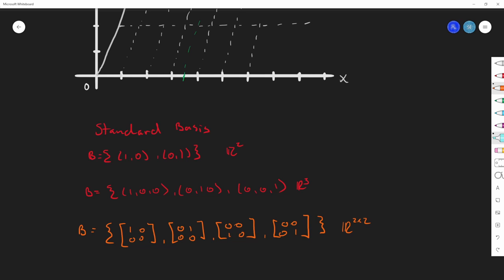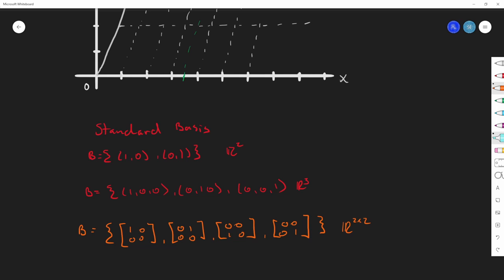What's unique about these is that when you convert standard bases to any other bases, or vice versa, it is actually much easier to find the change of bases, or I guess the translator. We're going to look at those examples in the next video, where I have a couple that look at the standard bases.